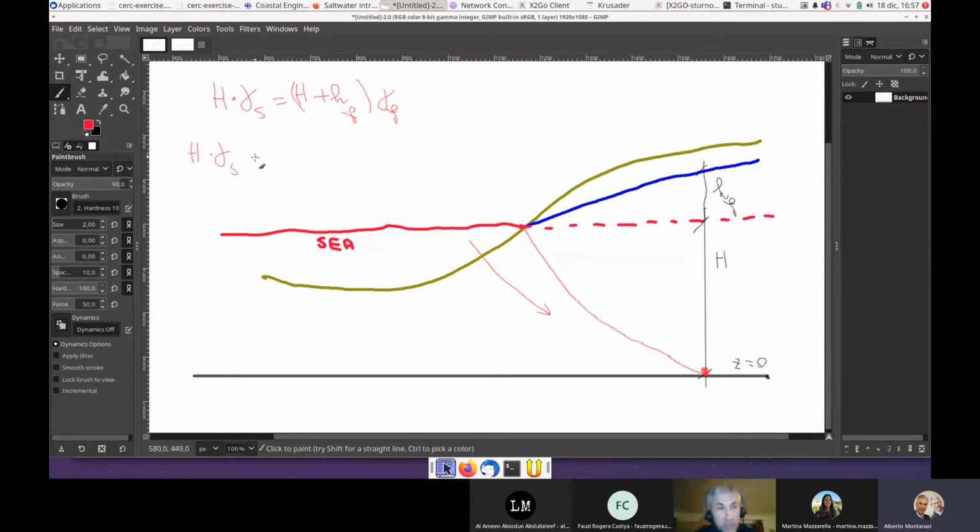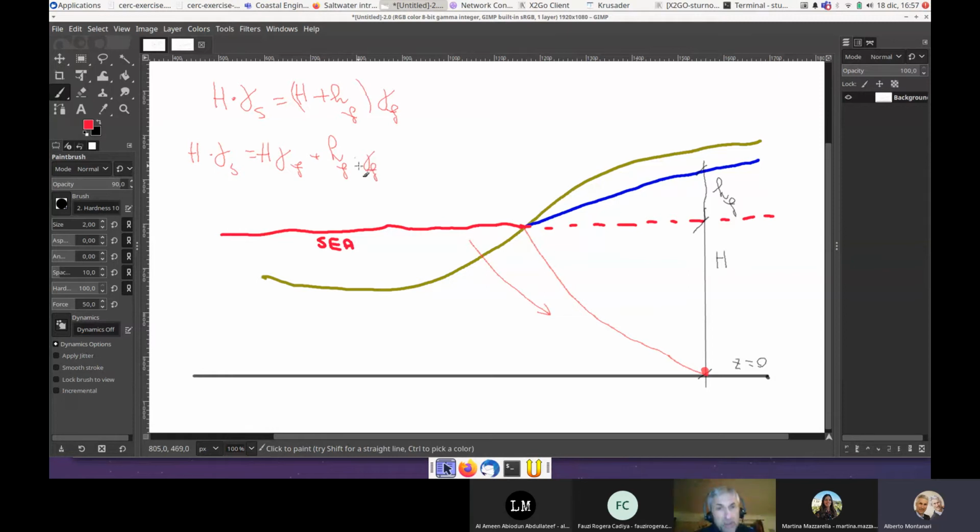Capital H times gamma S is equal to capital H times gamma F plus lowercase h f times gamma f. Good.